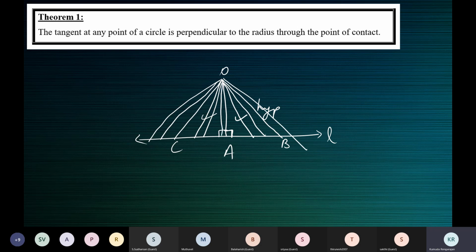That means OA is the shortest distance between O and L, because when you compare OA with any other distance, OA is shorter.